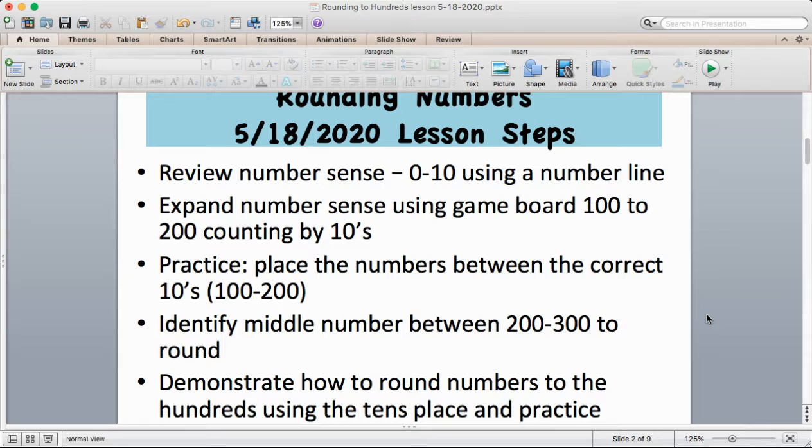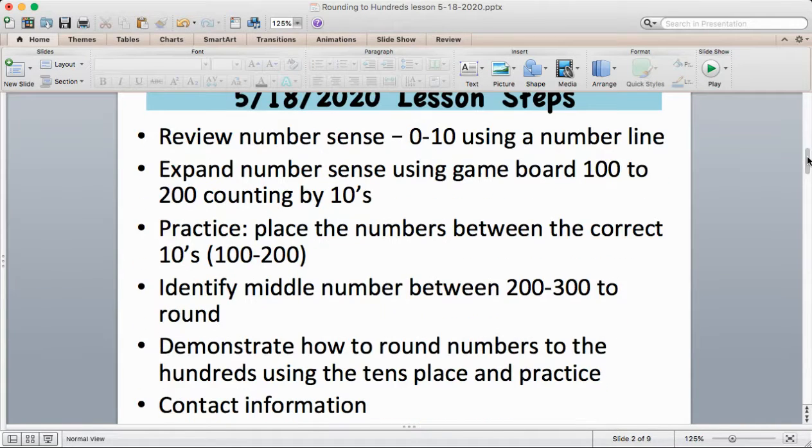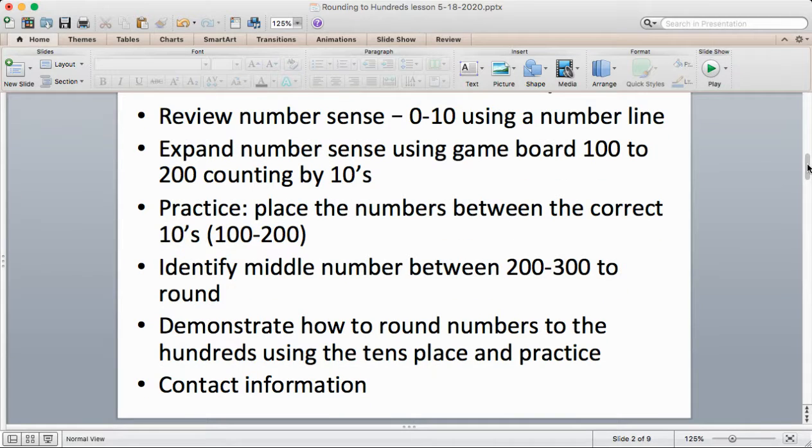Identify the middle number between 200 and 300 to round. Demonstrate how to round numbers to the hundreds using the tens place, and then practice. And then I'll share my contact information with you.